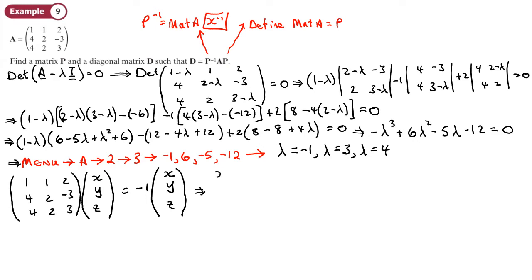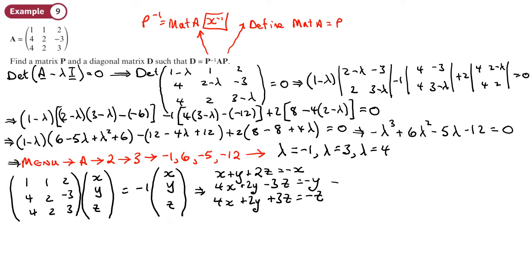So x plus y plus 2z equals -x, 4x plus 2y minus 3z equals -y, and 4x plus 2y plus 3z equals -z.